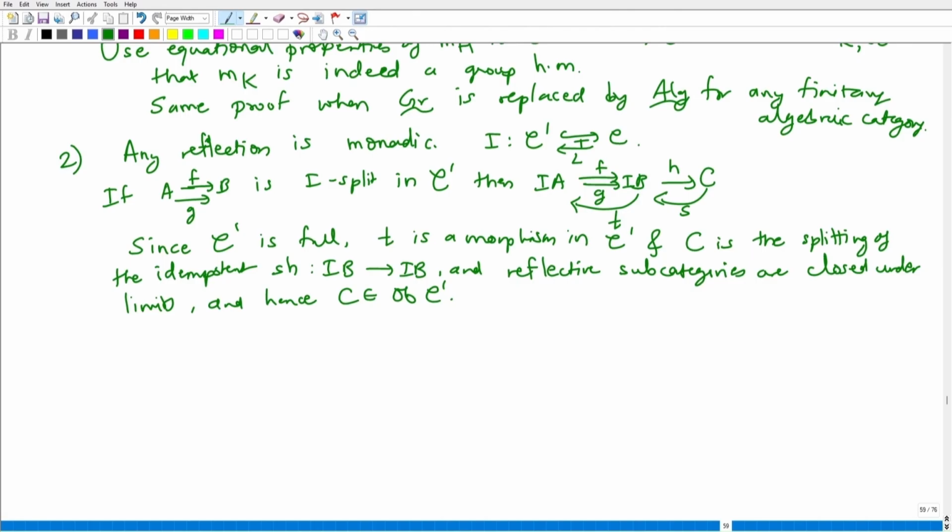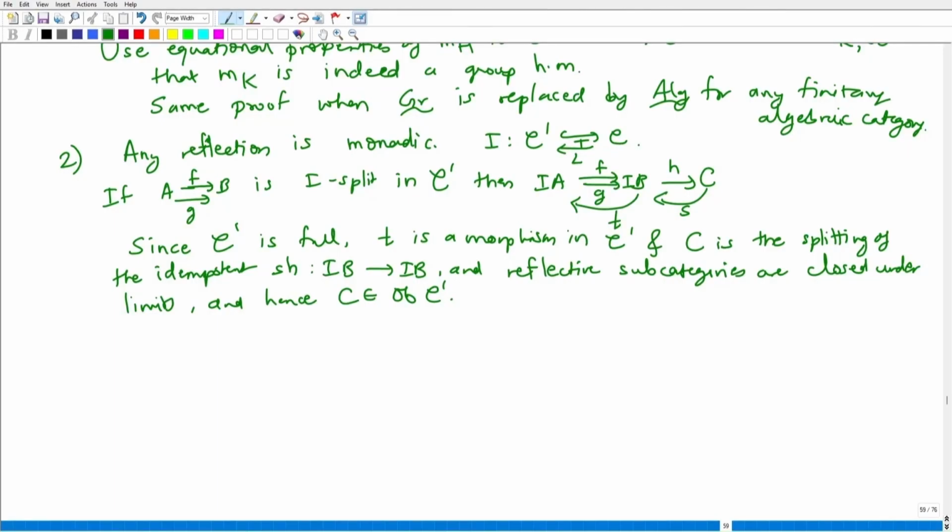Closed under limits means whatever limit you compute in the parent category, the same limit exists in the subcategory. Therefore, we have used the precise monadicity theorem over here to conclude that any reflection is monadic.